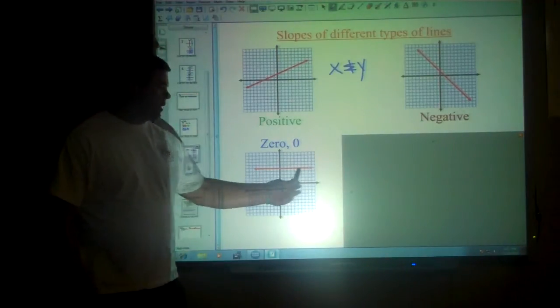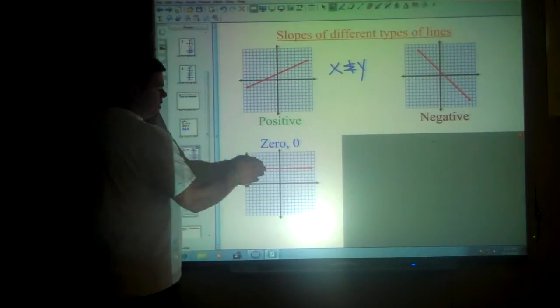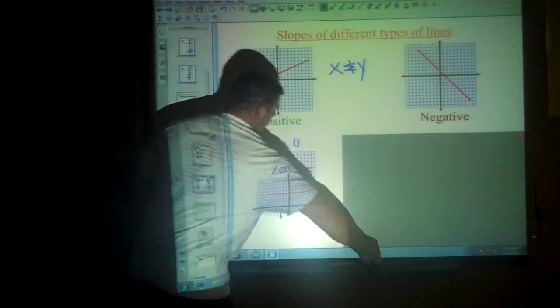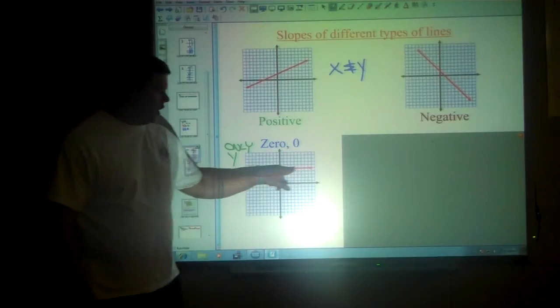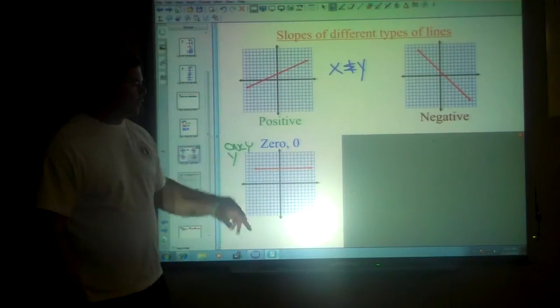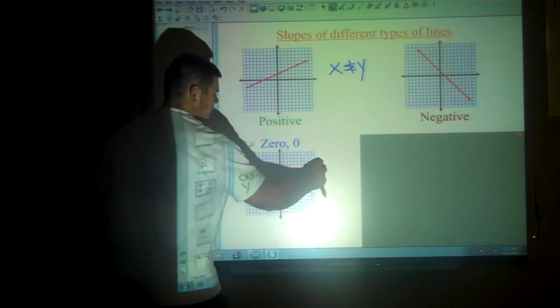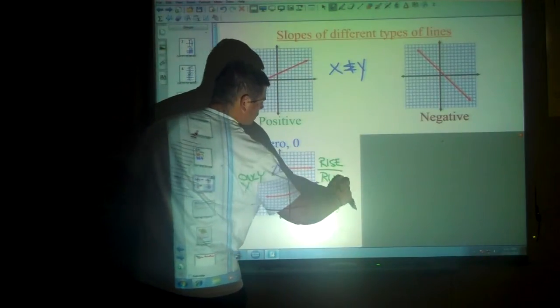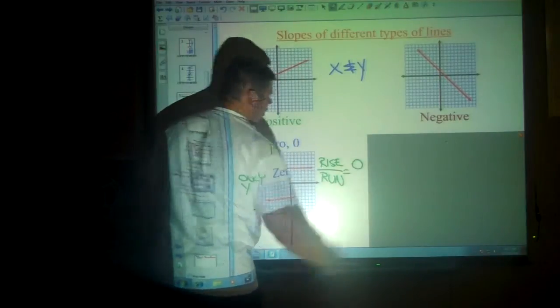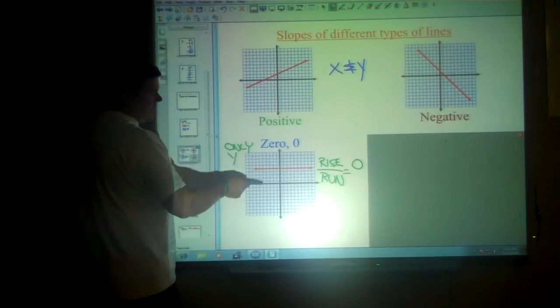But I also mentioned that we had a horizontal line. When you have a horizontal line, this means you only have y. This would be only y in that problem. Horizontal lines. Think about your rise over your run. In terms of rise over run, horizontal lines don't go up at all. They have no rise. They stay flat.